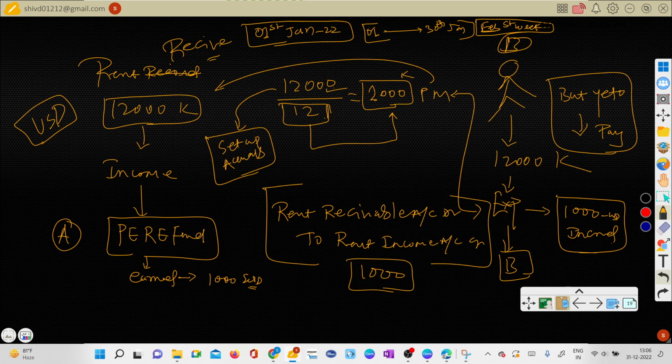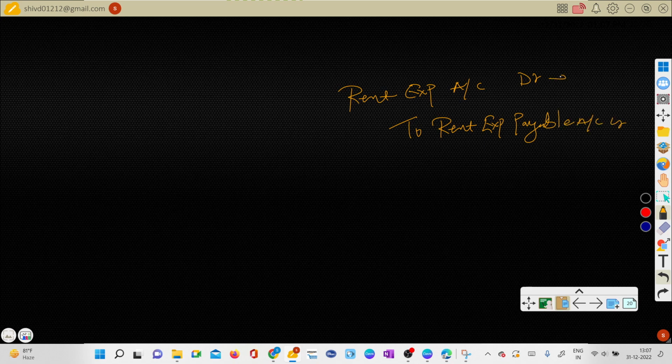Same on the expense side, the expense counterpart will treat rent as an expense: rent expense account debit to rent expense payable account credit, same amount. Because for B, it's a liability.